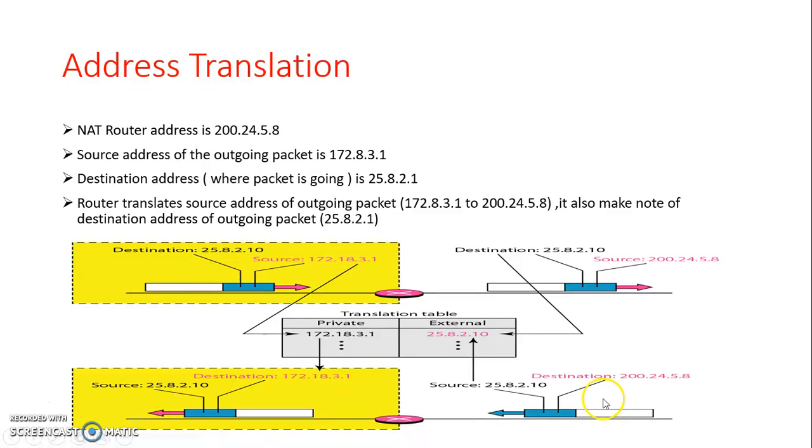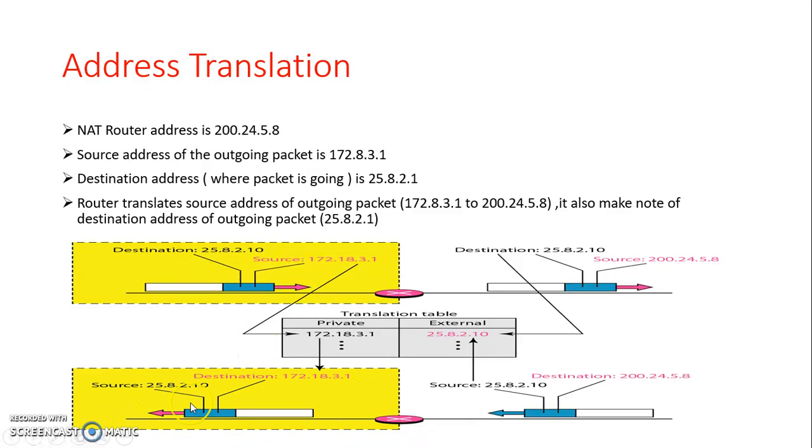That is, when it receives the incoming responses, it looks at the external addresses which were already stored while translating this private address to the global address. So this address acts as a source address in this private network.